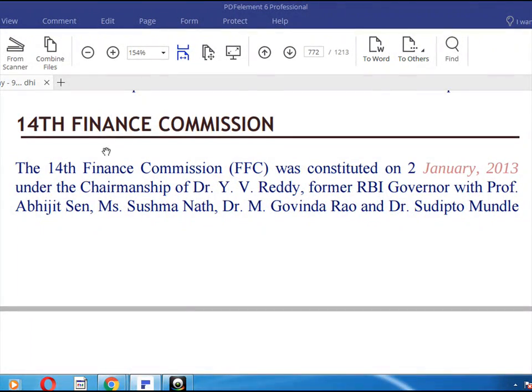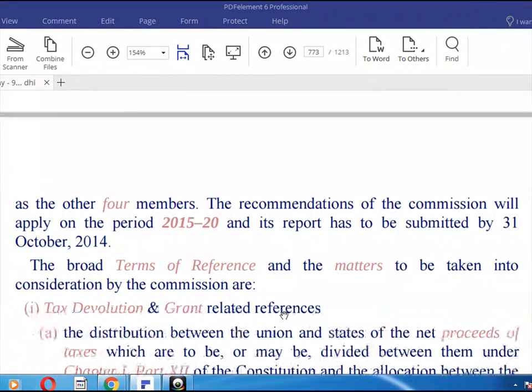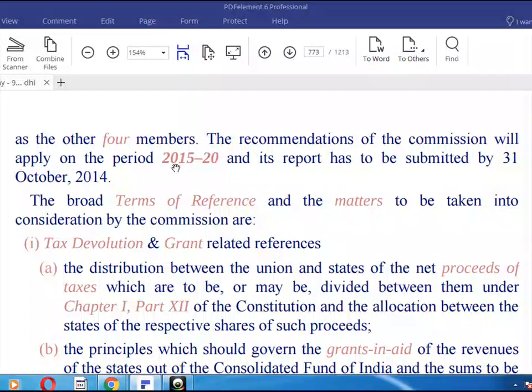14th Finance Commission. The 14th Finance Commission was constituted on 2nd January 2013 under the chairmanship of Dr. Y.V. Reddy, former RBI governor, with Prof. Abhijit Sen, Mrs. Sushama Nath, Dr. M. Govinda Rao, Dr. Sudipto Mundle as the other four members.